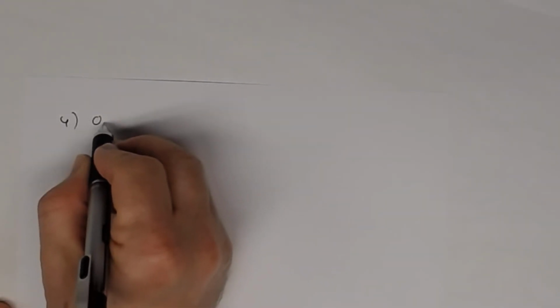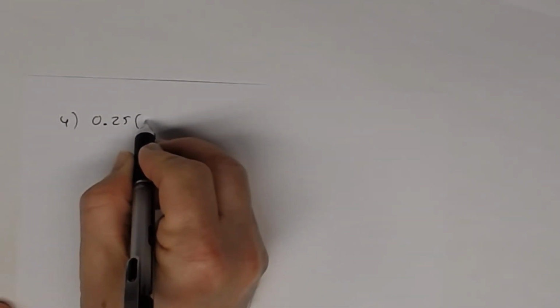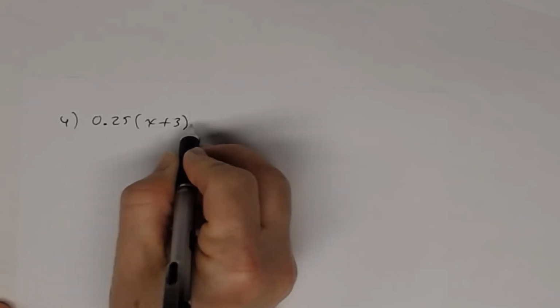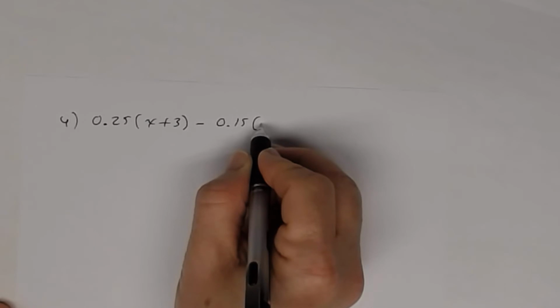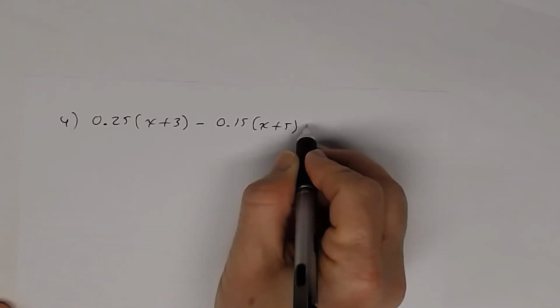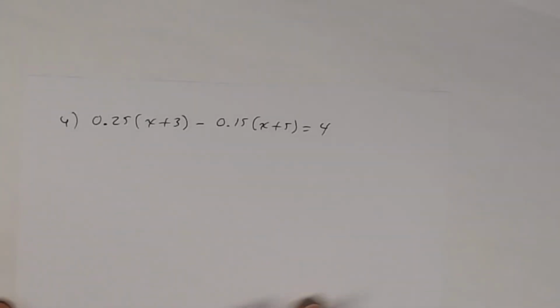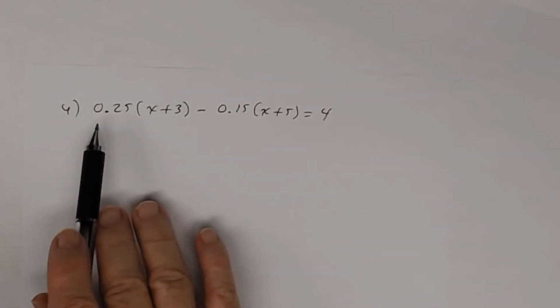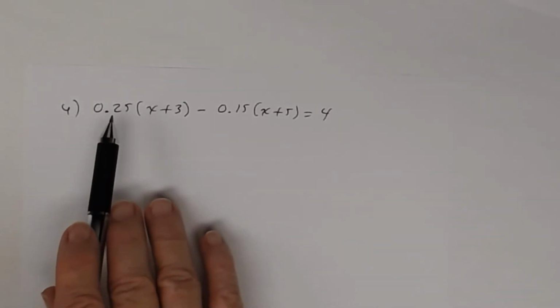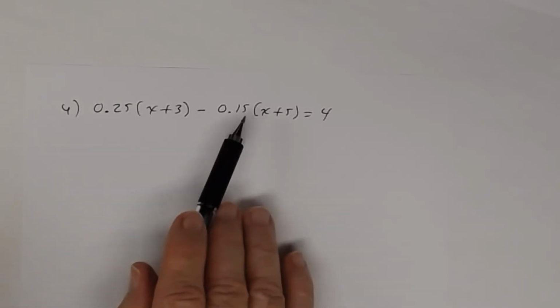So it's going to be number 4. Let's look at number 4. We have 0.25 times x plus 3 minus 0.15 times x plus 5 equals 4. Okay, so you don't want to use your calculator, and you don't want to leave this as decimals.